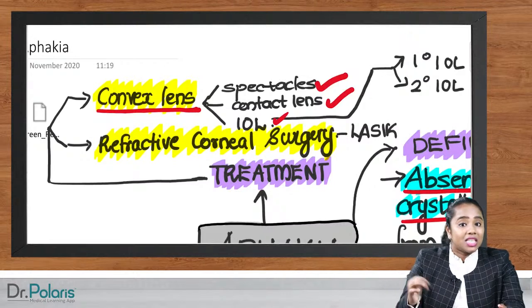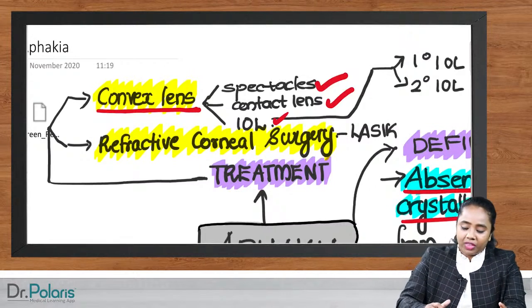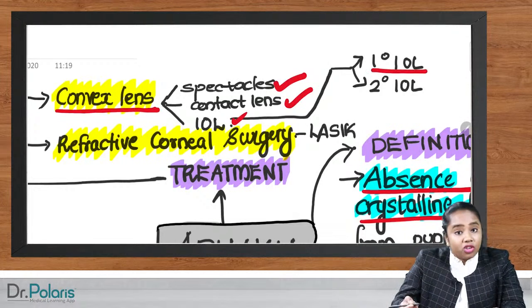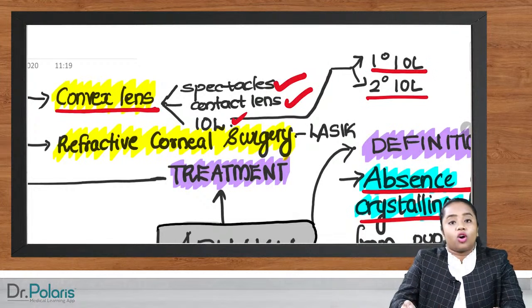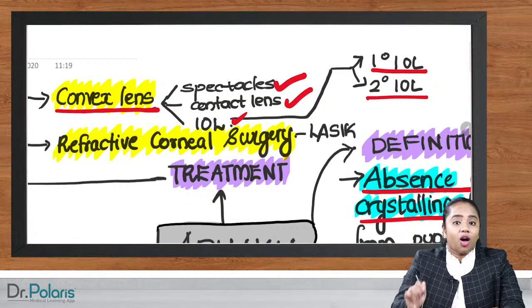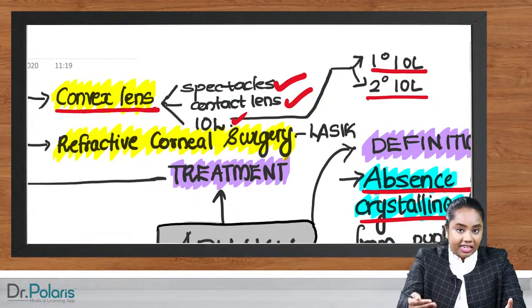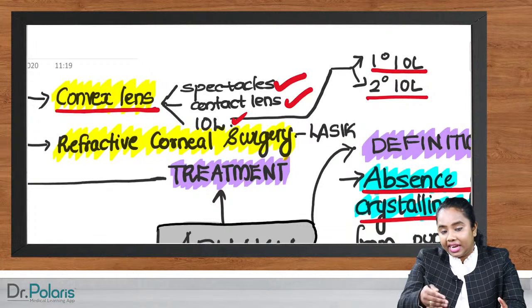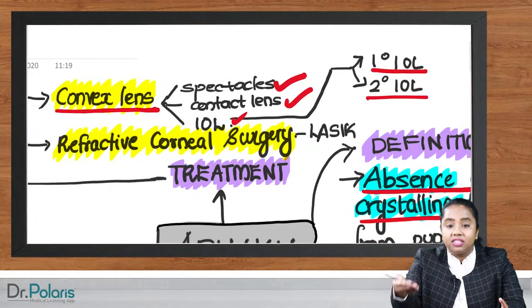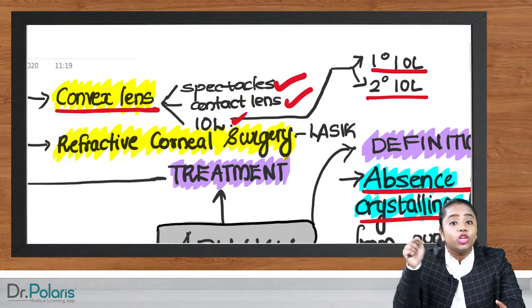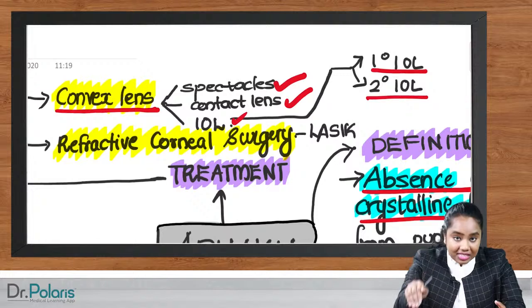When you place this intraocular lens inside, it can be of 2 different types. This can be a primary intraocular lens or a secondary intraocular lens. A primary intraocular lens is usually done at the time of a cataract surgery. When a patient has cataract, you remove the normal lens, and hence the patient has aphakia, and then you put a new, corrected lens inside.